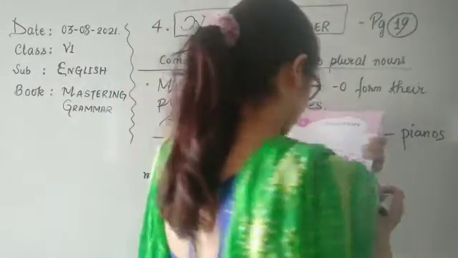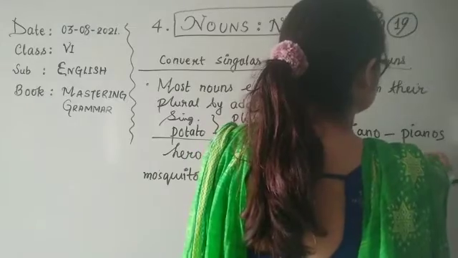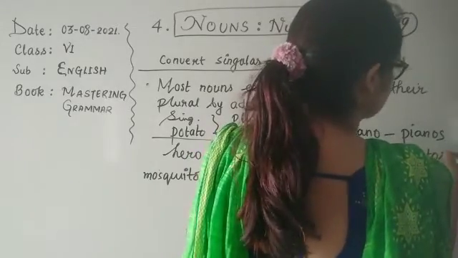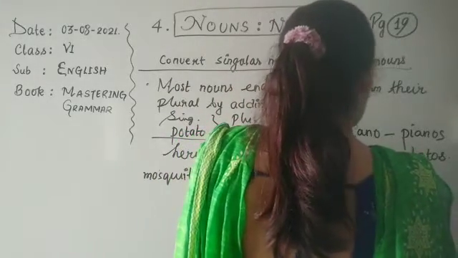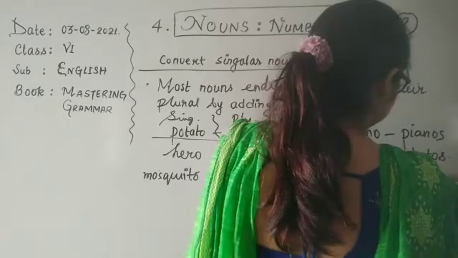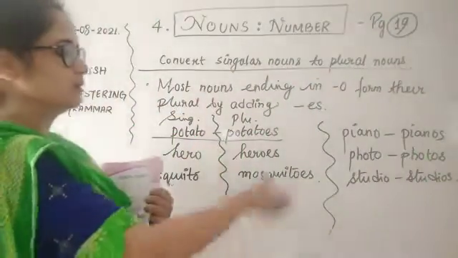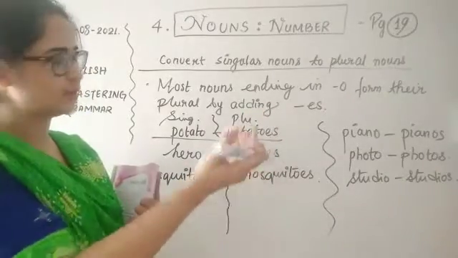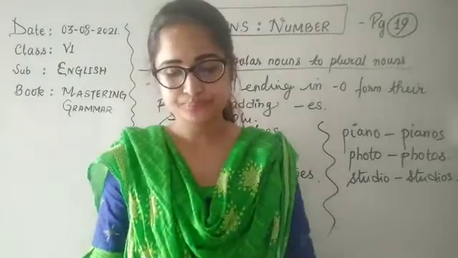Photo becomes photos, not es but with s. Studio, dynamo, all these words are exceptions to this rule. We are not applying this rule to certain words. Some of the words are piano, photo and then studio. Okay children, now let's move to the next.